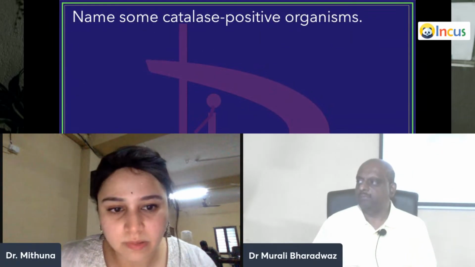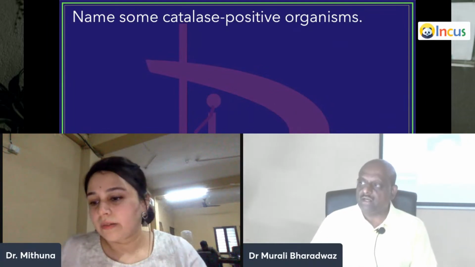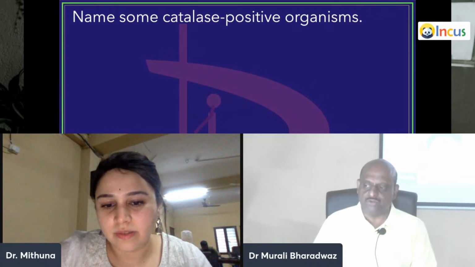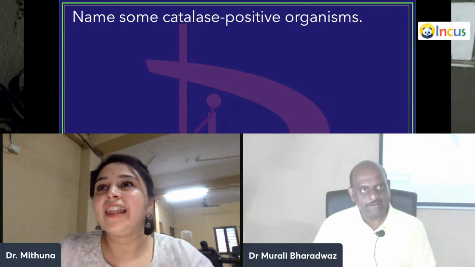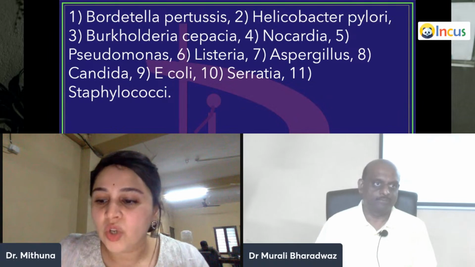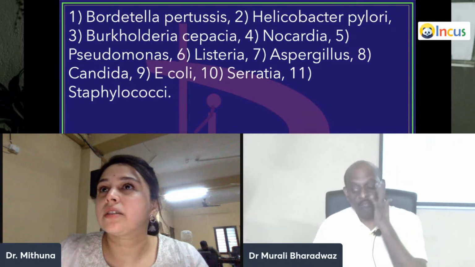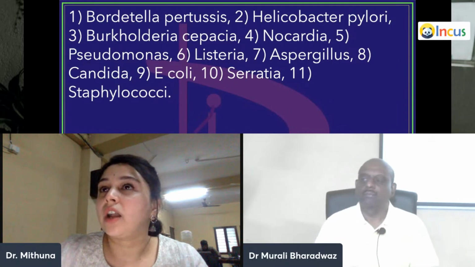Very good. Now, fatafat bolo, Dr. Mithuna, what are the catalase positive organisms? 1, 2, 3, 4. So how I remember this is, sir, LMN space. LMN: L is Listeria, M is Mycobacterium, N is Nocardia.